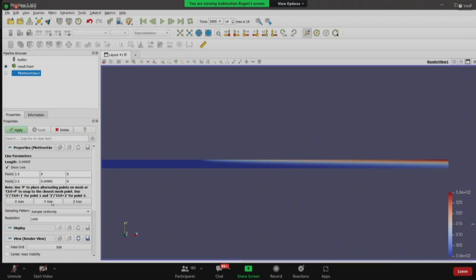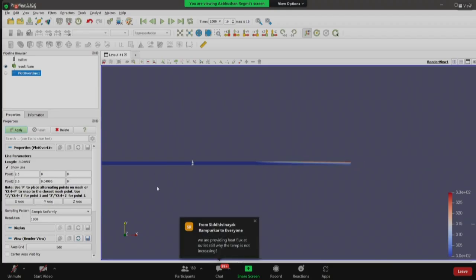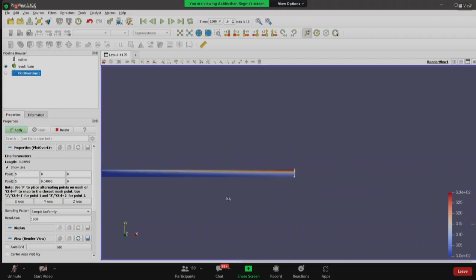And my line is somewhere over here. I want it to be somewhere over here. Let's type 5 meters since my pipe is 5 meters in length. So as you can see, the line that I'm going to plot across is over here. I'm going to click on apply.